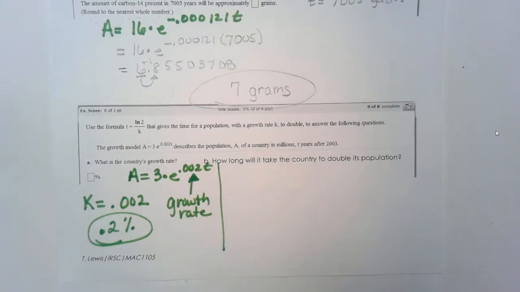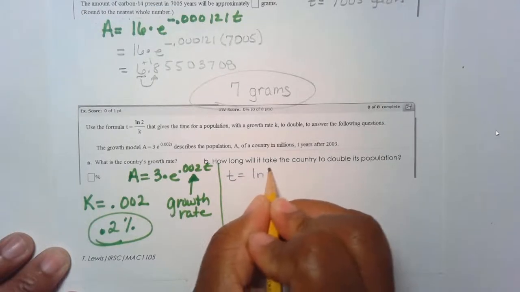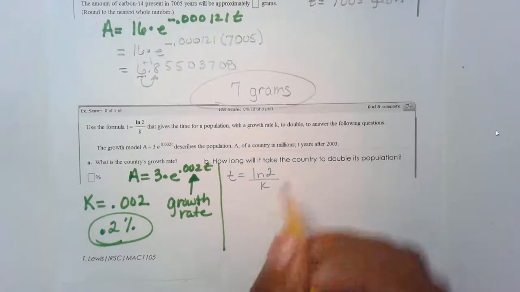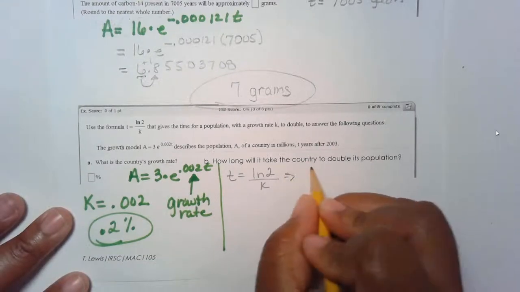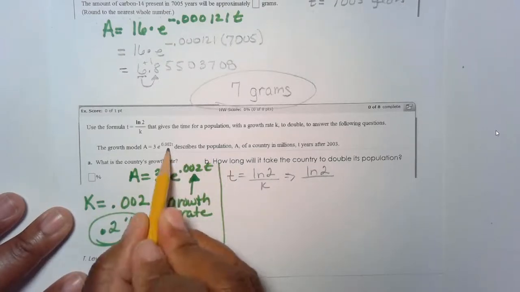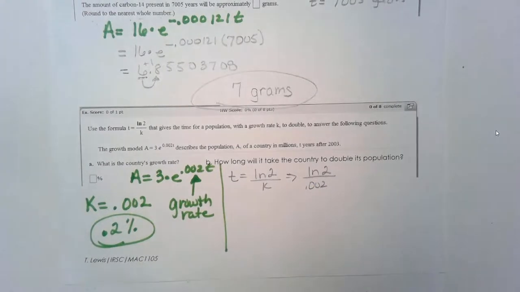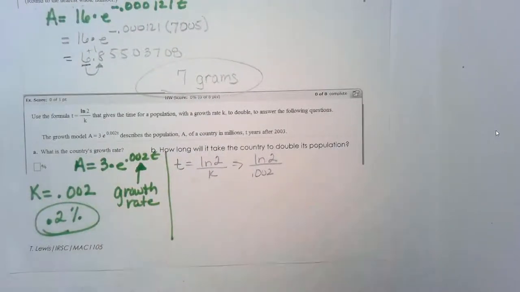Okay, so let's answer part B, where we have t is equal to ln of 2 all over k, and t is equal to ln of 2 all over, what did we call k here from our growth rate model, 0.002. And we're going to round to the nearest year for this question here. So let's go ahead and use our calculator to input this information so we can find our solution.